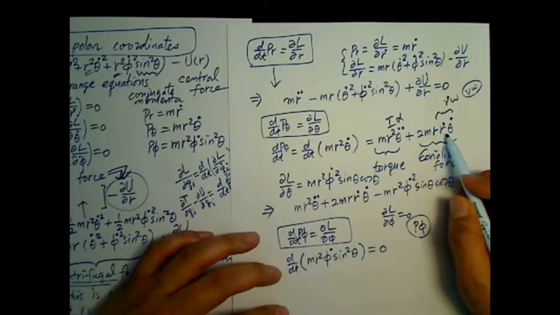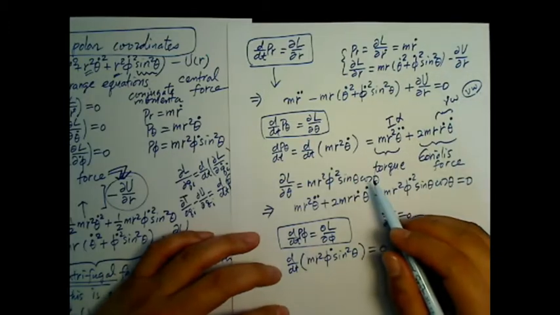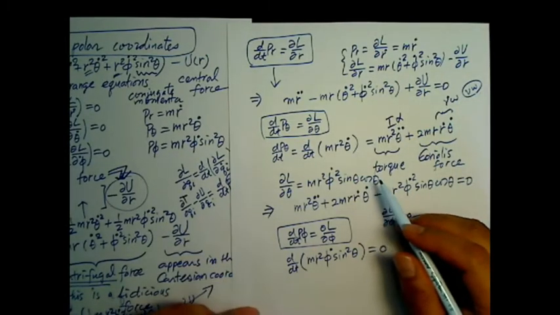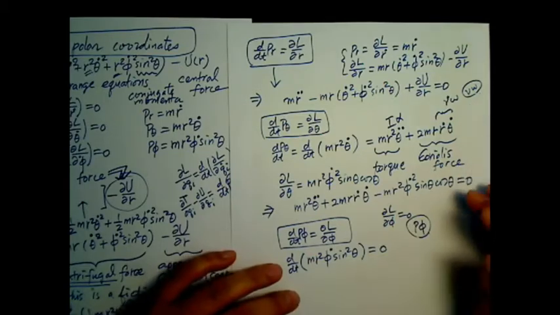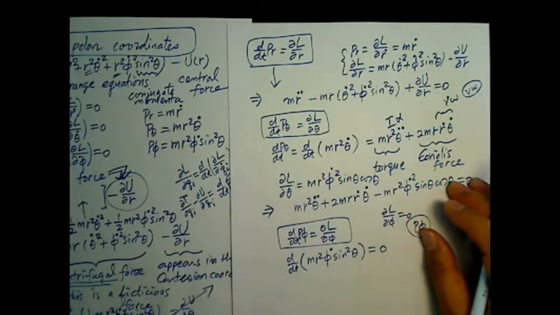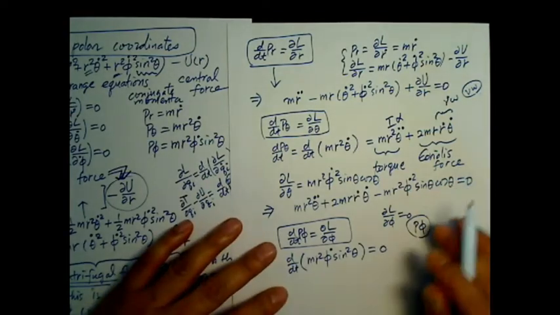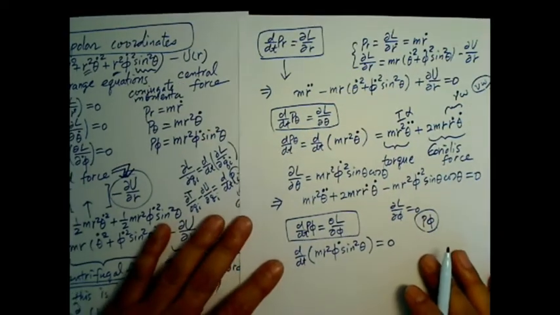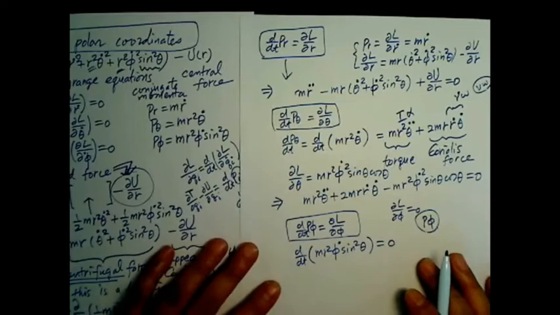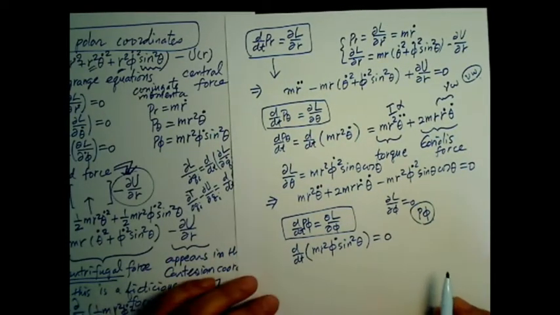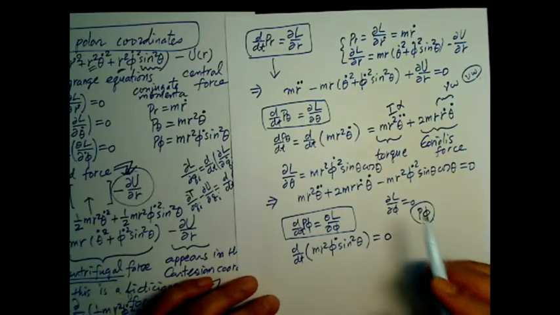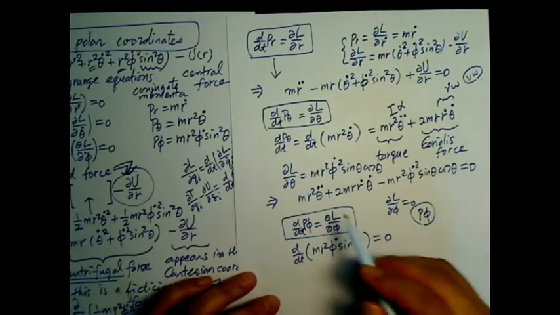Velocity and omega, they are perpendicular to each other. This velocity times omega, 2 times v omega, that is related to the Coriolis force. Because of the rotation, it sometimes feels, actually it's not a force, but it feels like a force. This is another fictitious force.